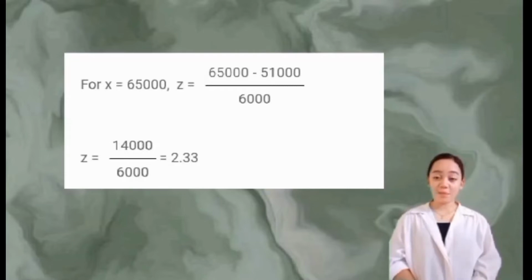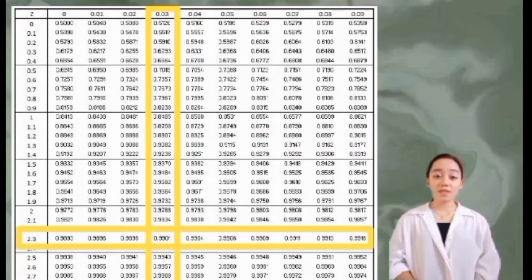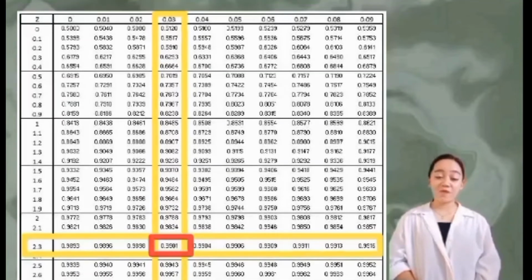Remembering the 3 steps, step 1, we need to go down to the row on the left side of the table with the first 2 digits of our z-score, which is 2.3. Step 2, go across to the first column with the third digit of our z-score, which is 0.03. And lastly, we can now find the value at the intersection of the row and column of our z-score.